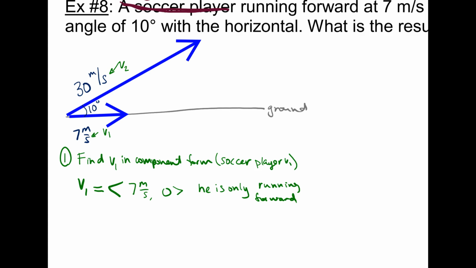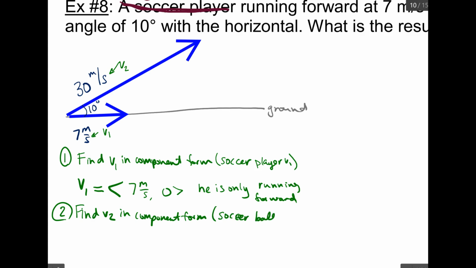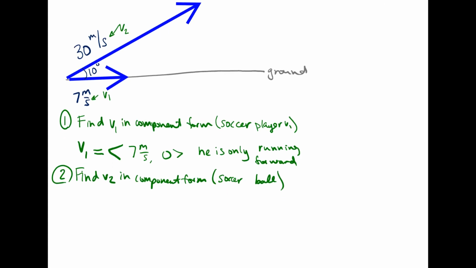Okay, so the next thing we want to do, you have a guess? What do you think I'm about to write? Find V2. Exactly. Find V2 in component form. So that's the soccer ball. Okay, so how could I figure this out?